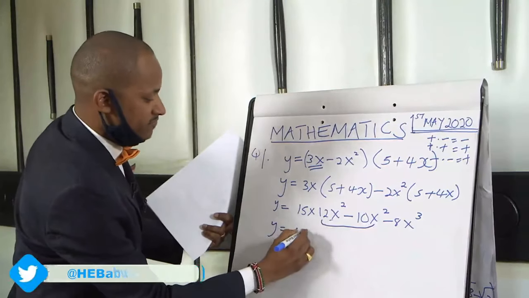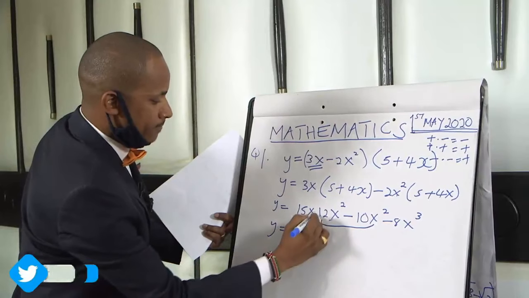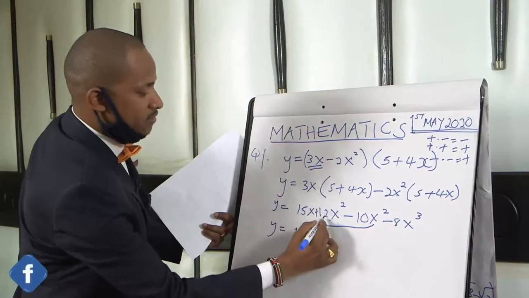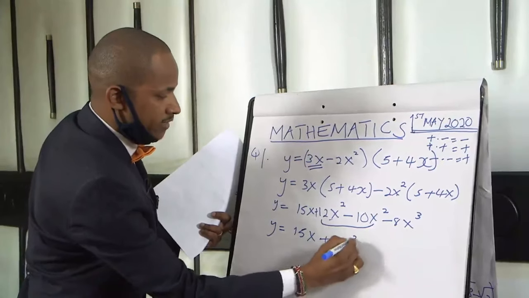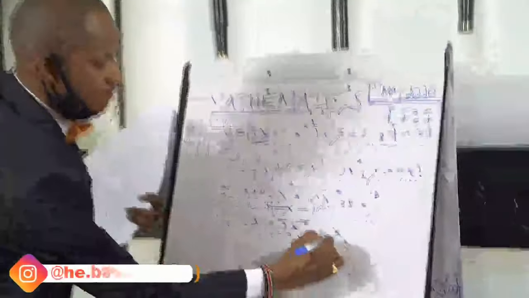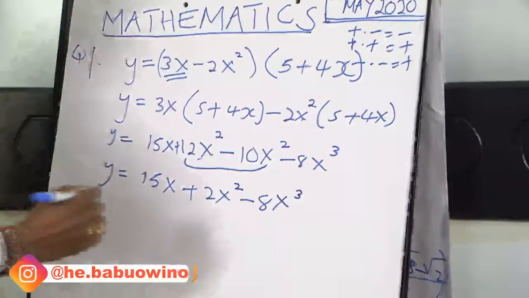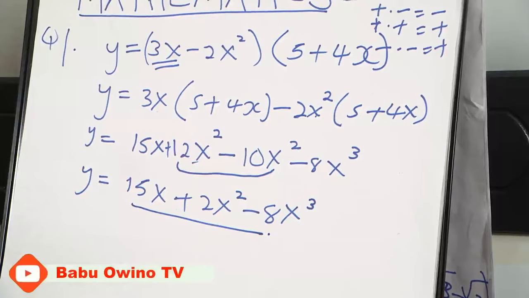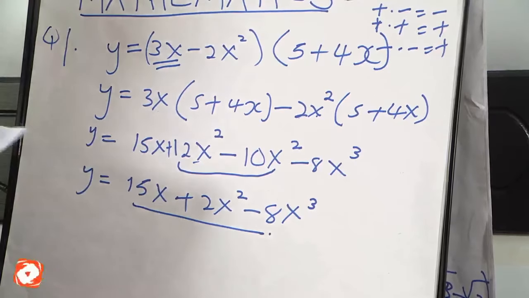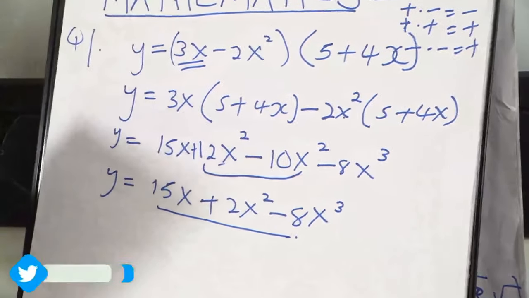So we have 15x plus 12x squared minus 10x squared is 2x squared, minus 8x cubed. So this is our simplified value for y. Then we are advised to find the derivative.